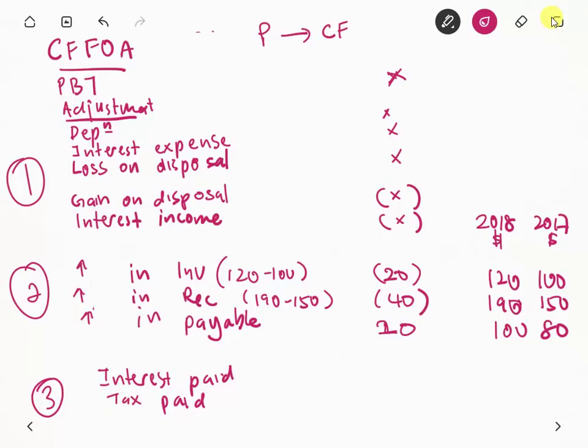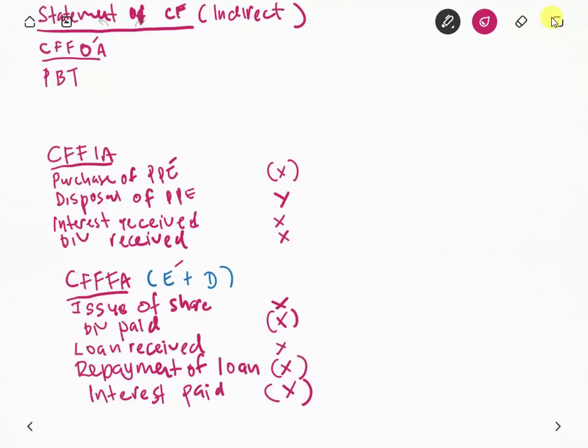In part 2 done, the third segment will be interest paid and tax paid. Now, when you look at interest paid, just now we have one here. Interest paid is because I borrowed money, I have to pay interest. It is also in operating activities. If we look at the answer, actually the standard allows both, either operating or financing, either one side.